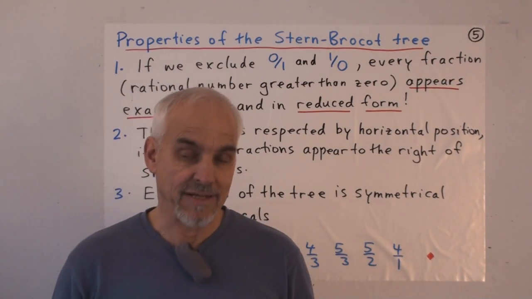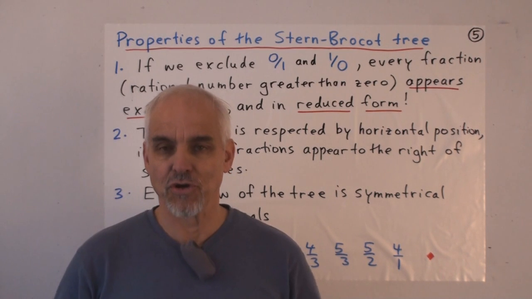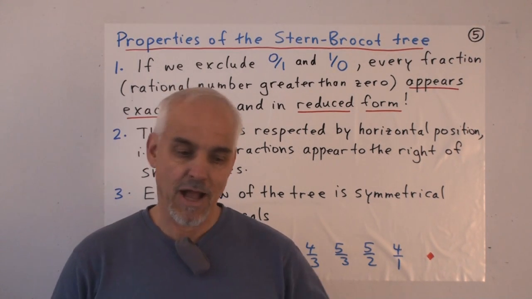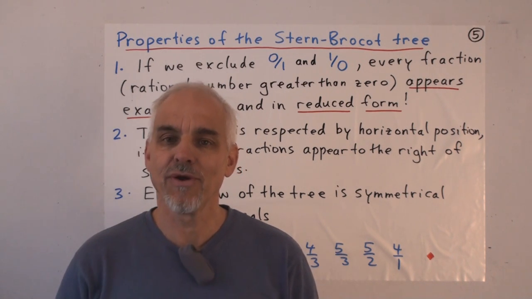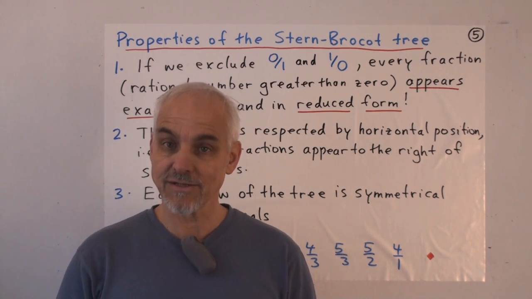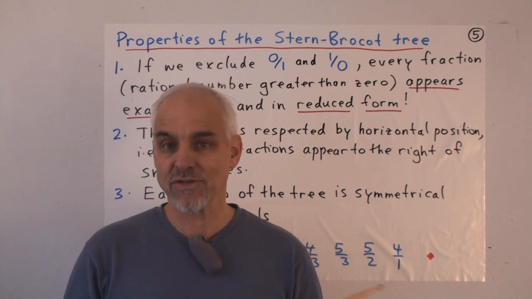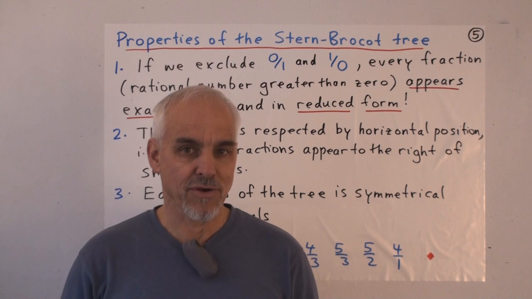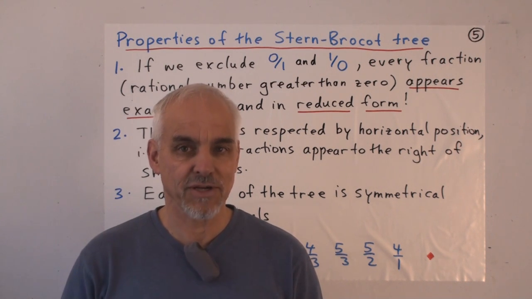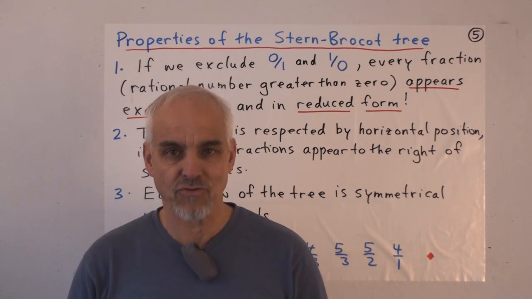We're now going to have a look at some properties of the Stern-Brocot tree. I'm going to list these properties, and I'm going to leave them mostly to you as some exercises to try to prove or understand why these properties are true. Some of them are rather subtle and require some serious thinking to see why they are true.